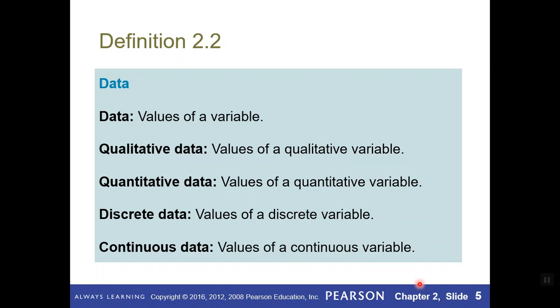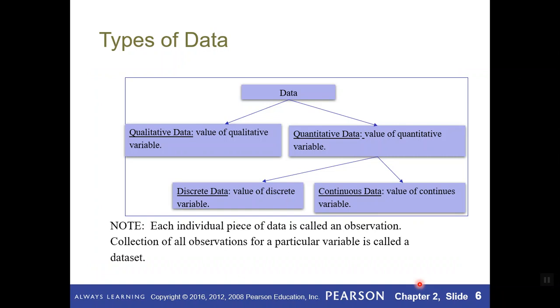Under quantitative data, we have discrete data and continuous data. Discrete data means values of a discrete variable. Continuous data means values of a continuous variable. So as you can see here, data is divided into two pieces: qualitative data, which means values of a qualitative variable, and quantitative data, which means values of a quantitative variable.